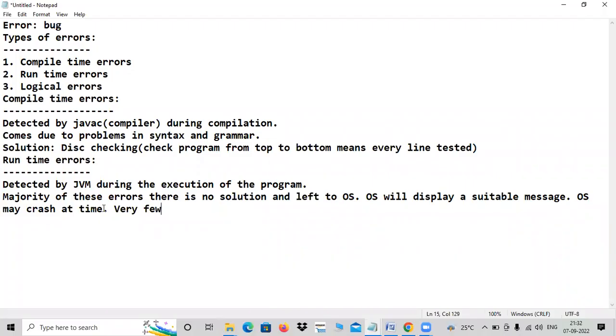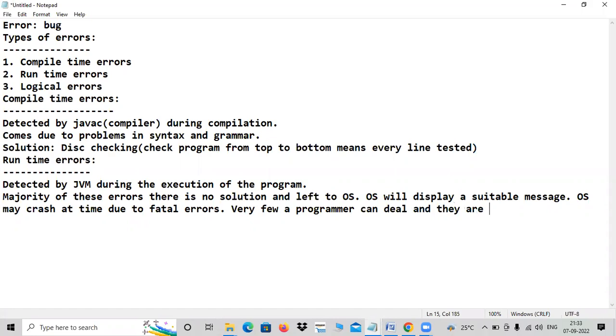OS may crash at times due to fatal runtime errors, due to fatal, very big errors. There is no solution. You have to format your OS and reinstall that. That's it. Very few a programmer can deal. That is our subject. Very clear in that sense.